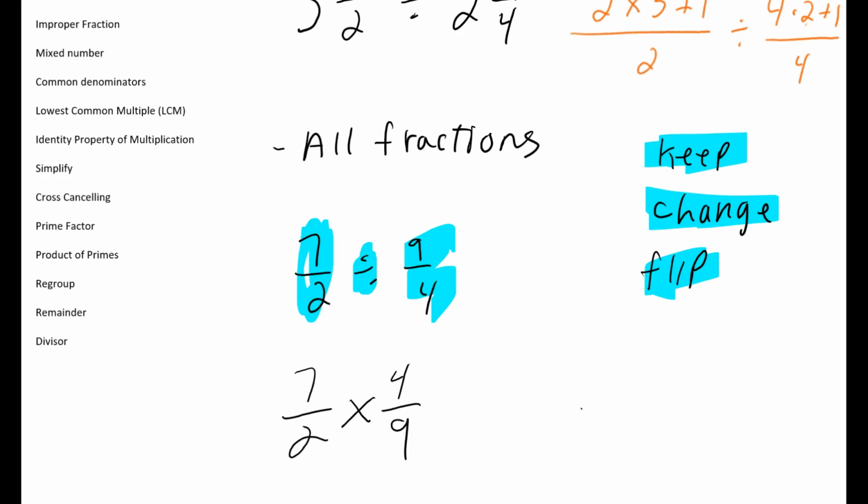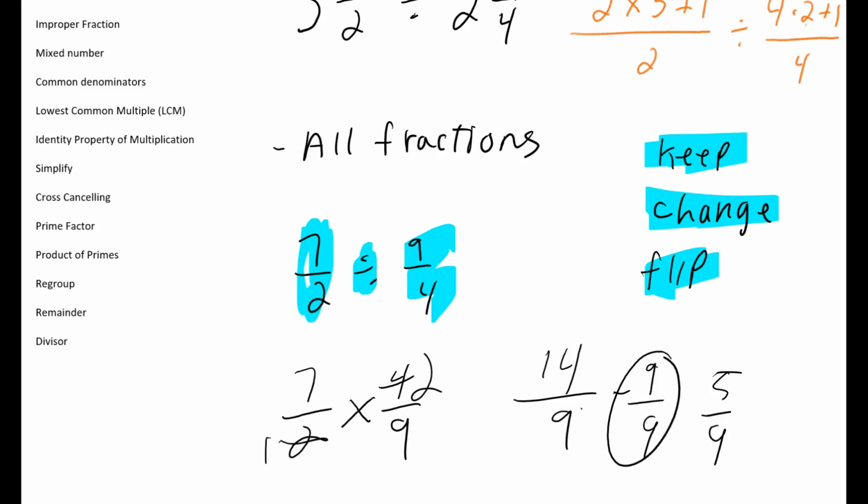All right, and it would give me, cross that out, it goes once and this goes twice, so it'll give me 14/9. Okay, minus 9 over 9, 5/9. So I have 1 and 5/9. Okay, let's keep, change, and flip.